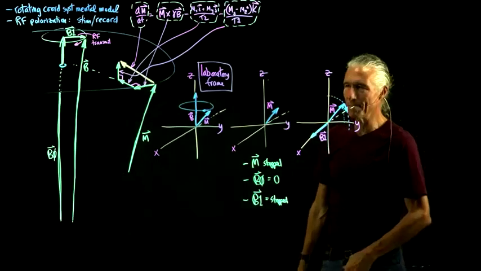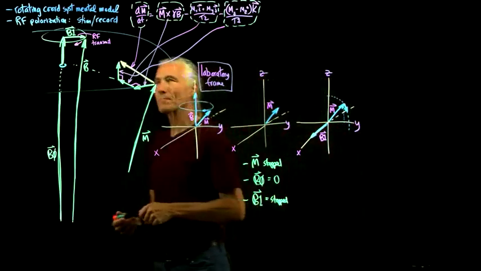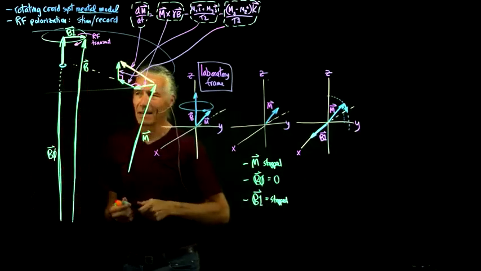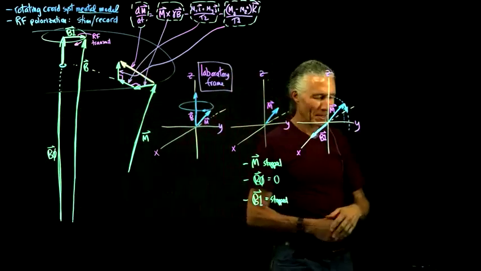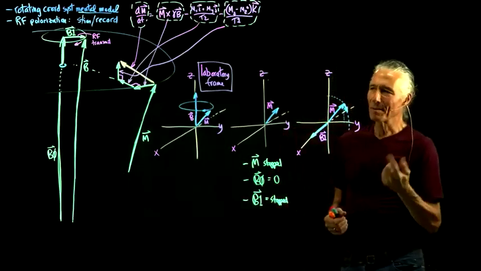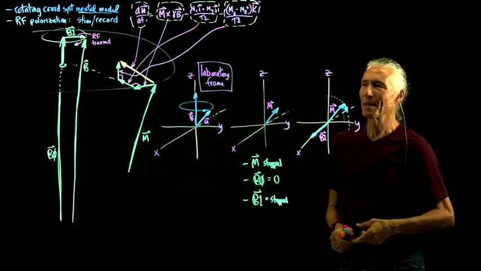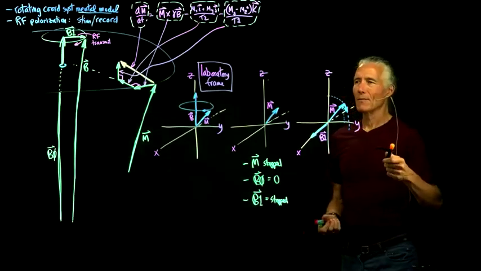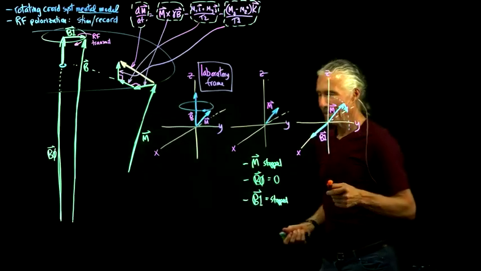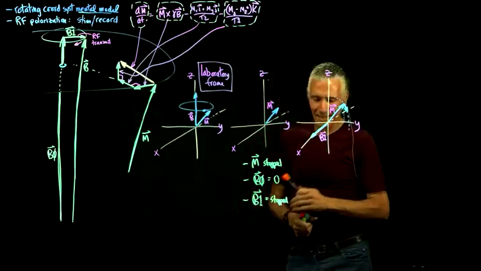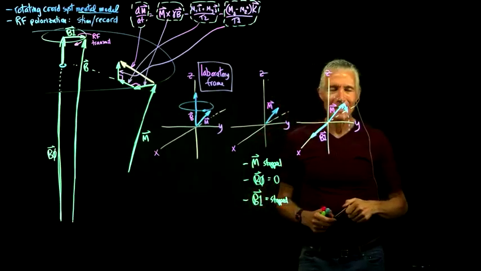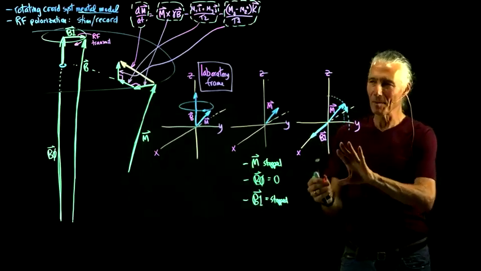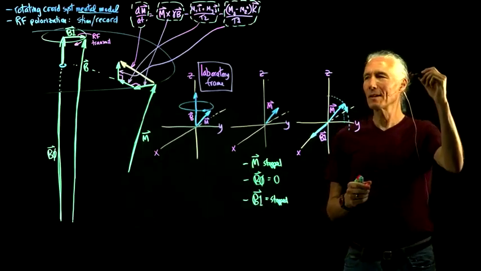So this is a mental model that simplifies our world by moving to the rapidly rotating coordinate system. I'm going to go over this again when we talk about off-resonance excitation, but let's see how we can use this mental model to think about a complicated situation.